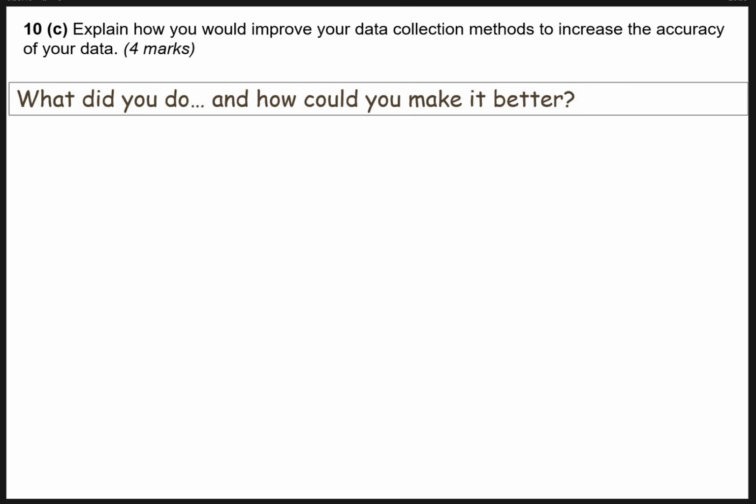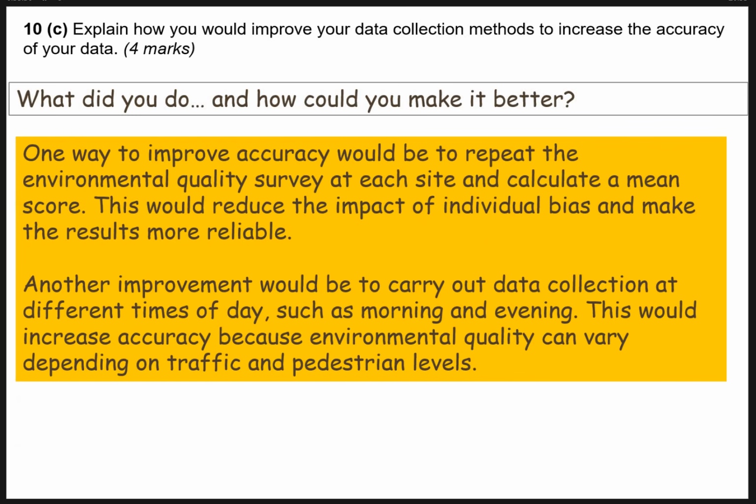Okay, so this question is about improving data collection. It's a very, very common question. It's an easy way to gain marks. So the question is really asking, what did you do and how could you make it better? So I'll put a model answer up for you on this one.